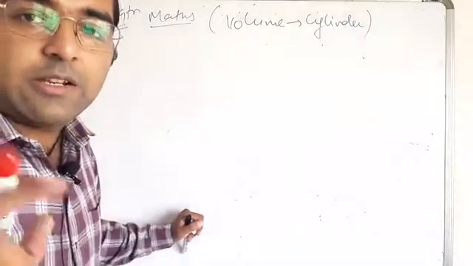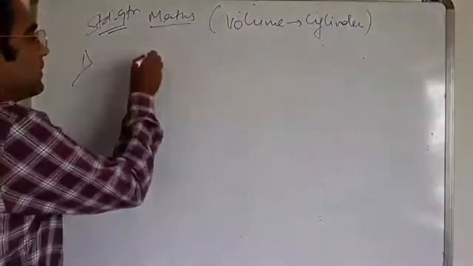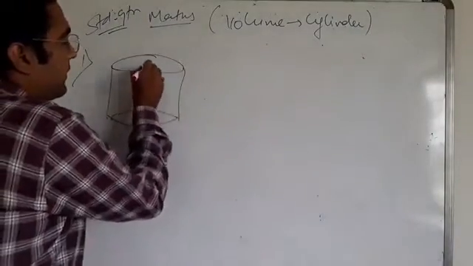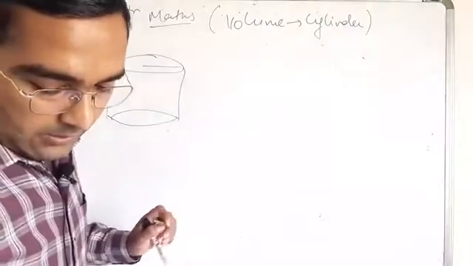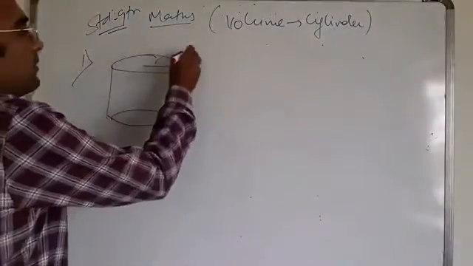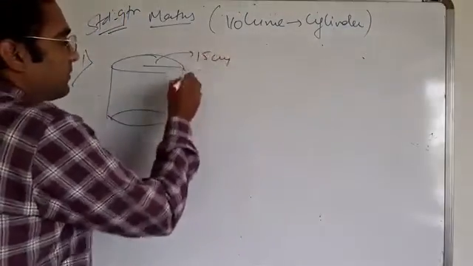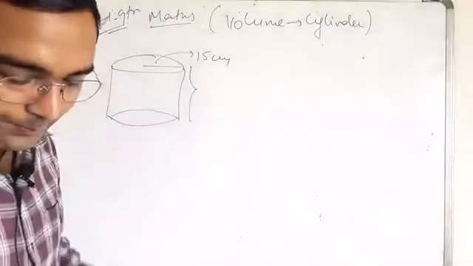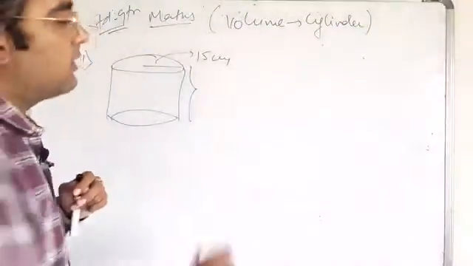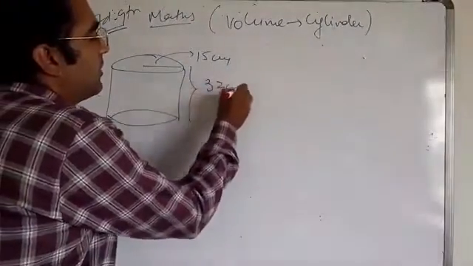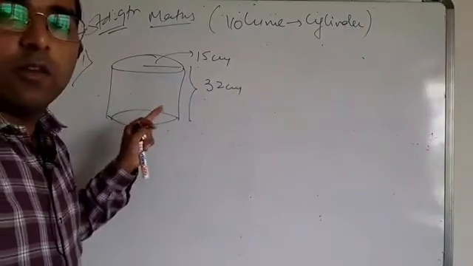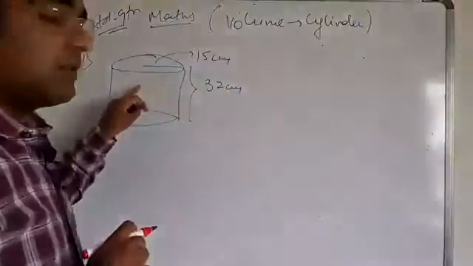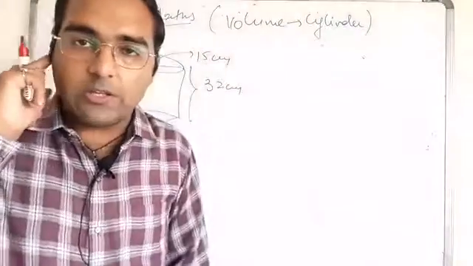Here a cylindrical vessel is given, and its radius is 15 cm and the height of the vessel is 32 cm, and the whole cylinder is filled with orange juice.